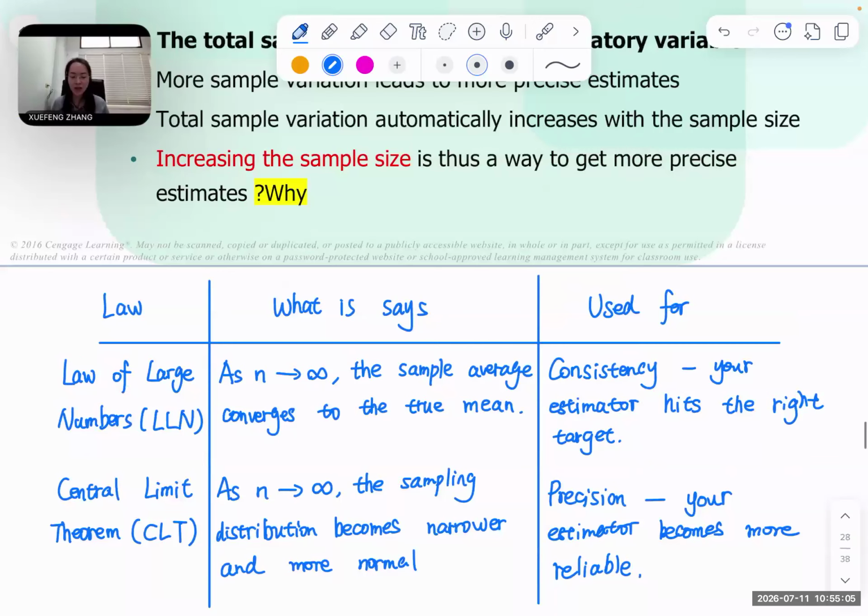That's why increasing the sample size is a way to get more precise estimates, because of the central limit theorem.